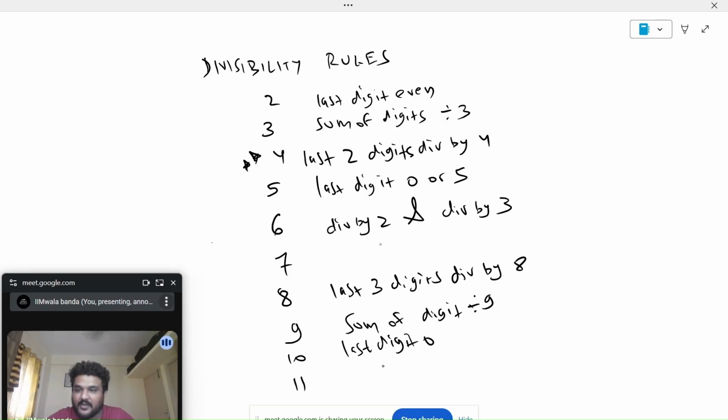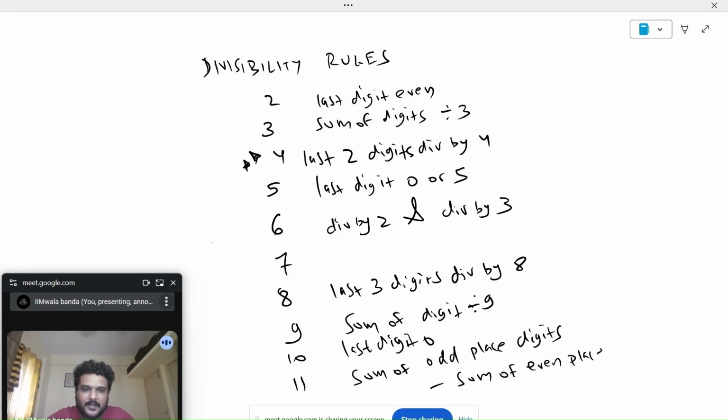All right. 11 is interesting because the sum of odd place digits minus the sum of even place digits has to be divisible by 11, or it can be 0 also, right? So 0 is also divisible by every number. For example, let's take a random number 1, 2, 3, 4, 6, 8.